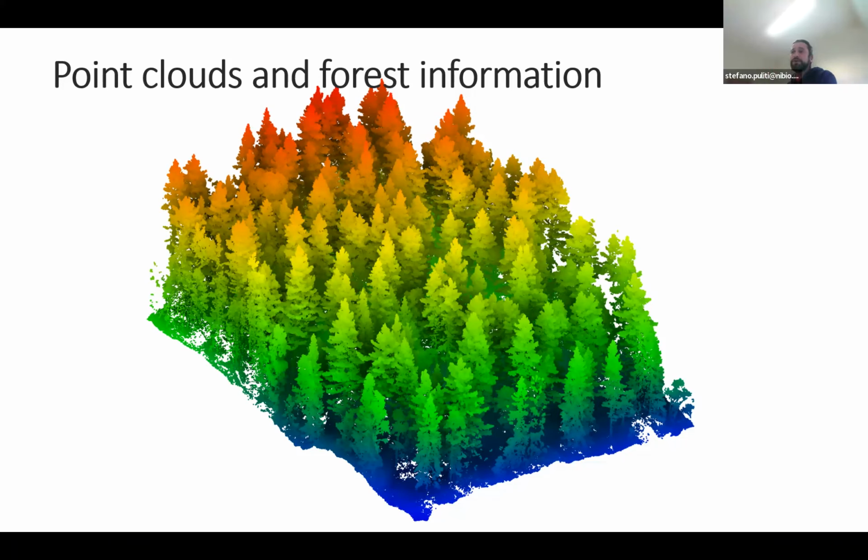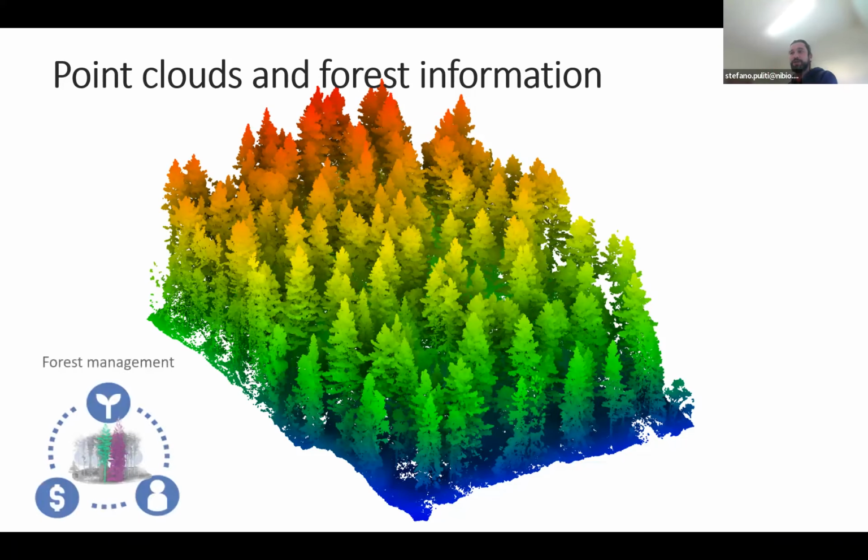And we want to convert this information into something that is useful for forest management, so something that gives us information about the value of the forest in terms of timber products. It tells us something about recreation. It tells us something about biodiversity, so that we can, in the end, establish personalized treatment schedules for each tree, depending on what we want to maximize.